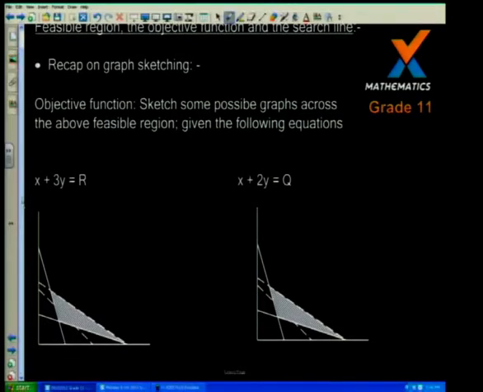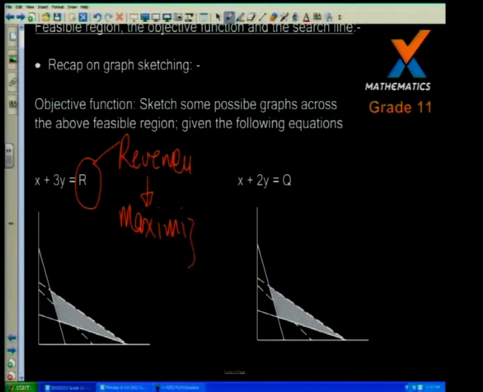If we now have two more objective functions, this one, the R I've chosen to represent revenue. Your revenue, you want to maximize it. In business, you want it to be the highest.